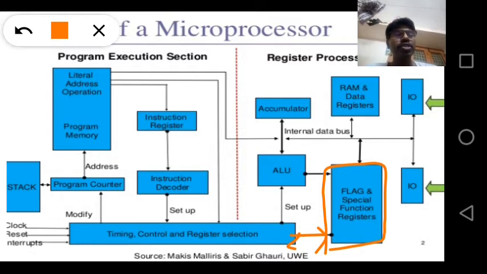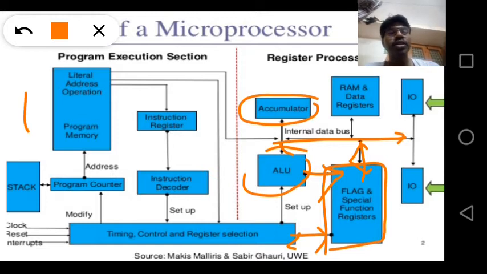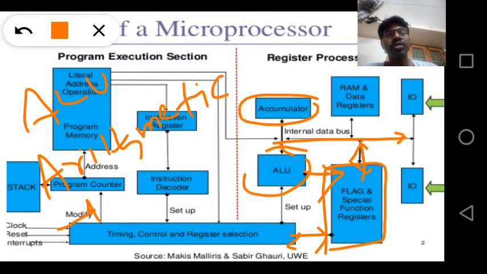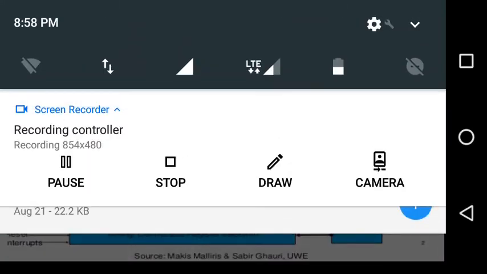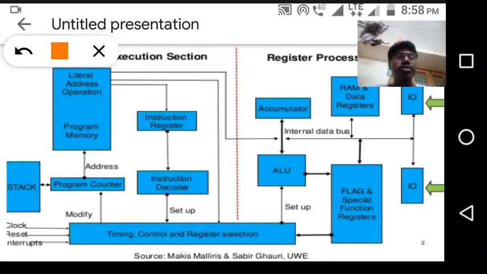This function register gets an input from the ALU through some internal bus, and this is an accumulator, this is an ALU. ALU stands for arithmetic and logical unit. It is responsible for performing arithmetic operations.